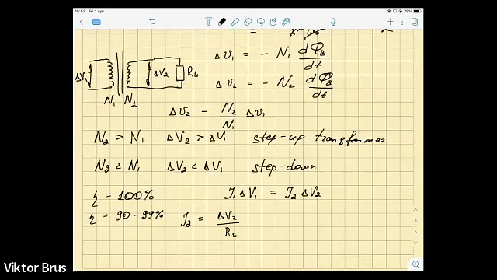And from here, we don't know exactly what the resistance in the primary coil is. So that's why we are operating with a so-called equivalent resistance. So we can write that I1 is equal to delta V1 divided by R equivalent. And how do we get it? How do we determine the equivalent resistance in the primary coil?